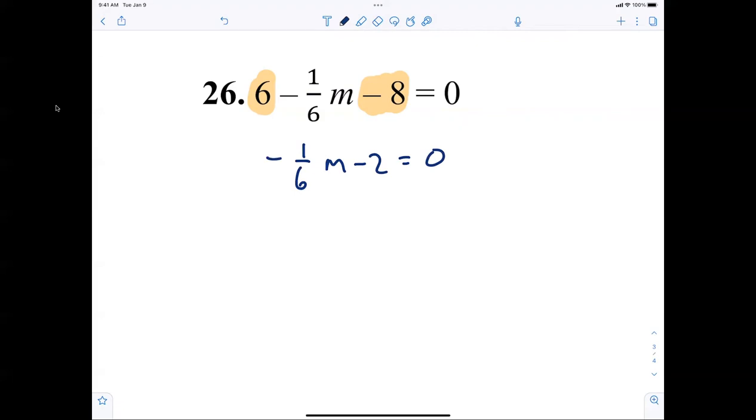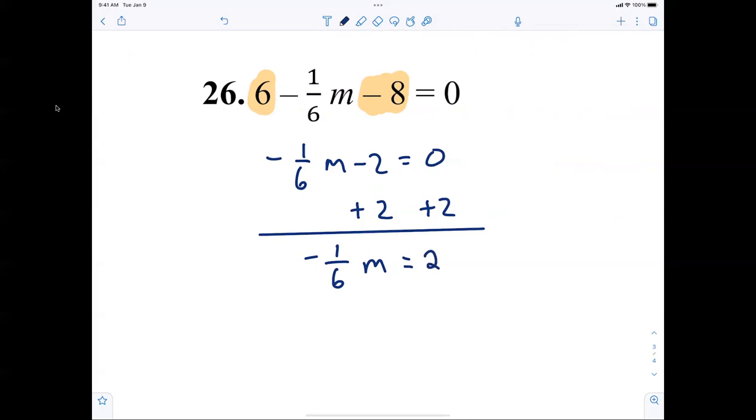Right? Now what? Then you would change the negative 2 to positive 2. Exactly. And then you would do that to the 0. The negative 2 and the 2 would cancel out. Yep. And that would be negative 1/6 m equals 2.